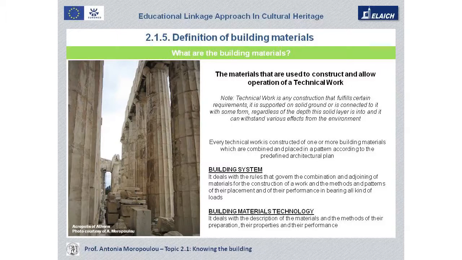In the case of natural building materials, provenance and elaboration, for instance, of building stones is prevailing. In the case of technical building materials, technology and raw materials are of main interest.